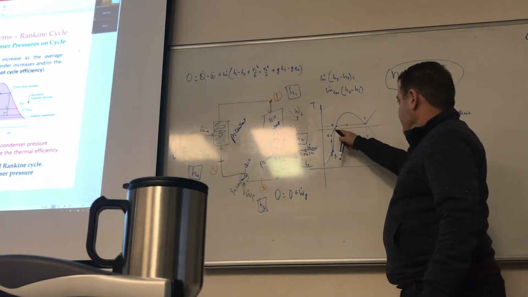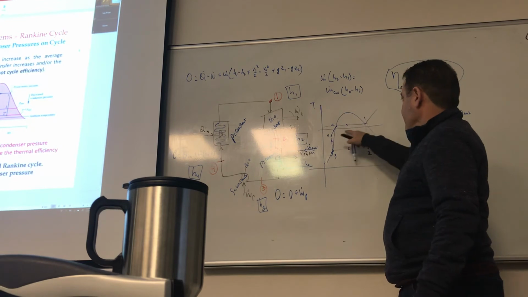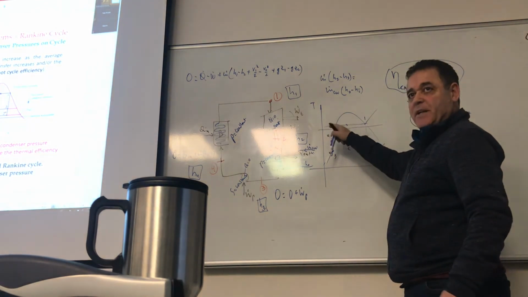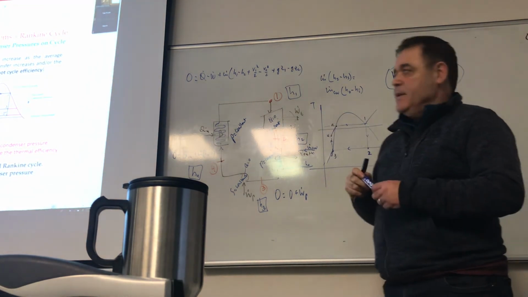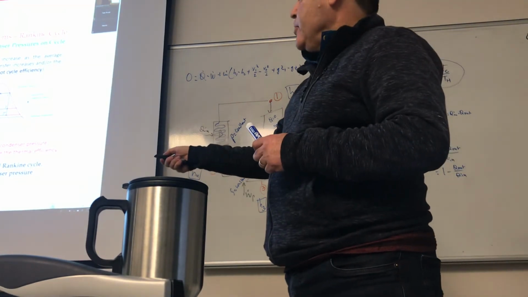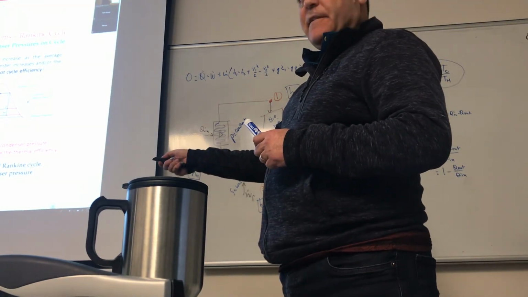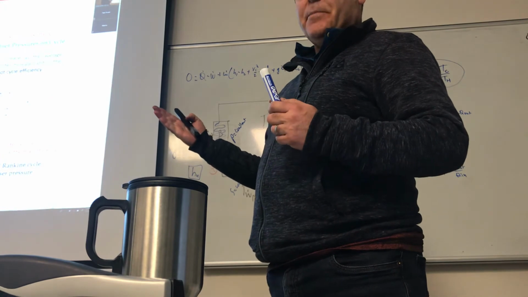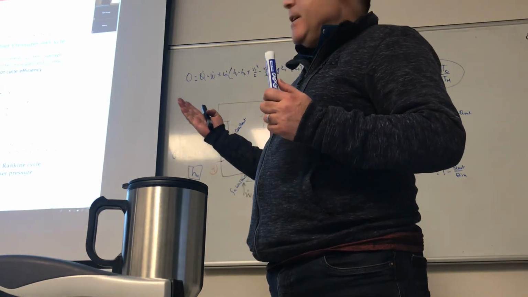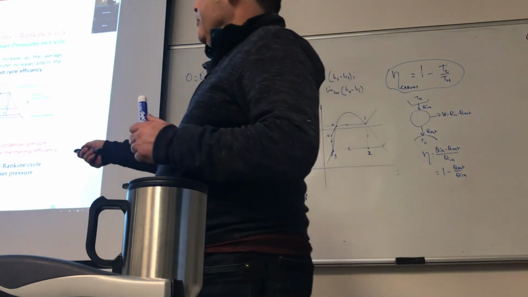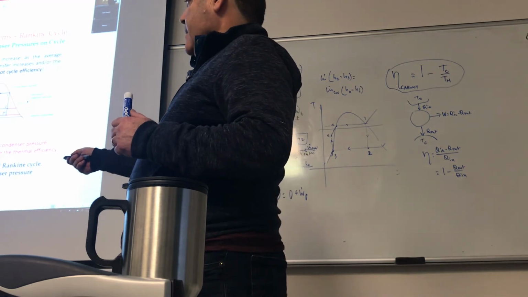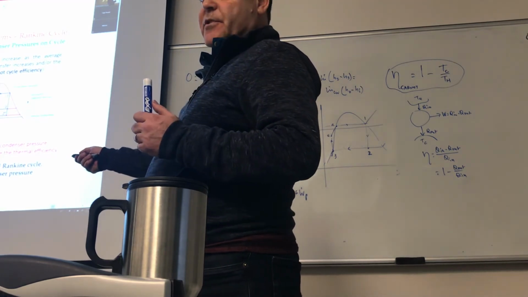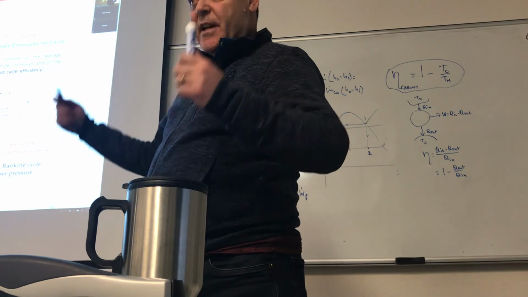It would have been just this if there wasn't this part, right? This guy tends to pull it down a little bit. Now, because this guy was pushed up, do you agree that the average temperature of heat addition has gone up by increasing the pressure? So increasing boiler pressure leads to an increase in thermal efficiency because TH will be increasing.